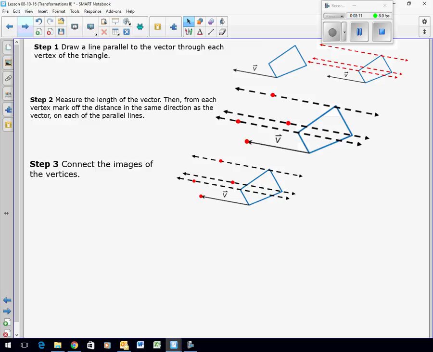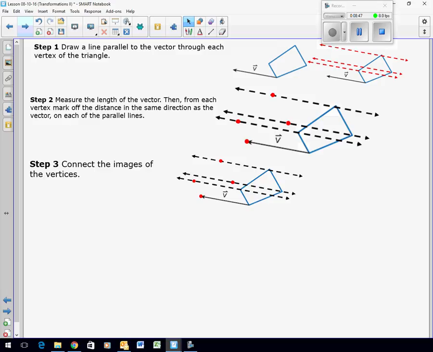Alright. You can do this, and this is kind of the example I'll give you guys about translating along a vector. Right? A line parallel to the vector through each of the vertexes of any shape, okay? And then you're going to measure, just like you did before, the length from each vertex, and mark off the distance in the same direction on each of the parallel lines.